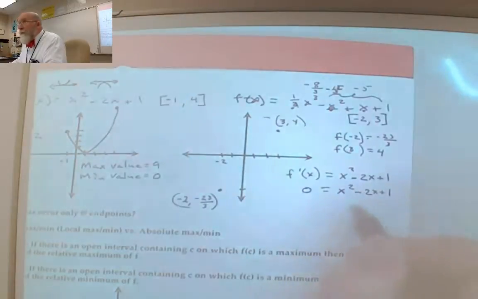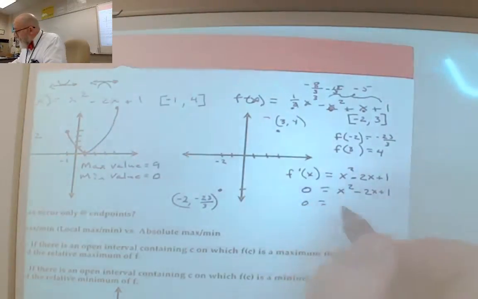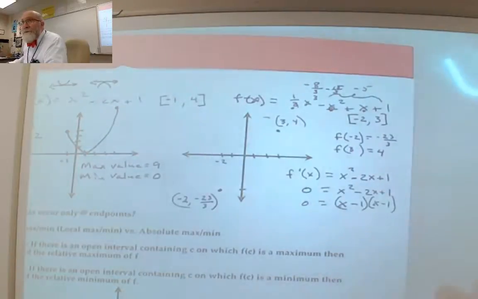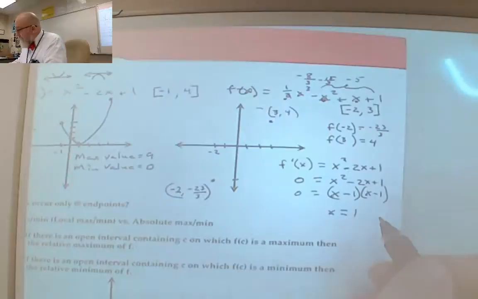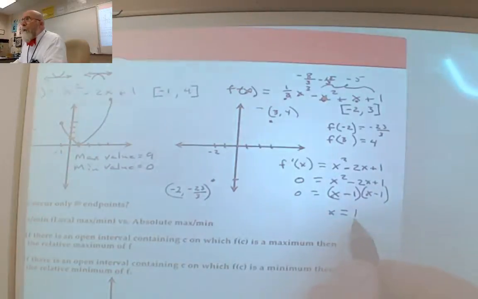Is this factorable? What is it? X minus 1 times x minus 1. Right? That's how you solve it. So I get x equals 1. Would everybody agree?